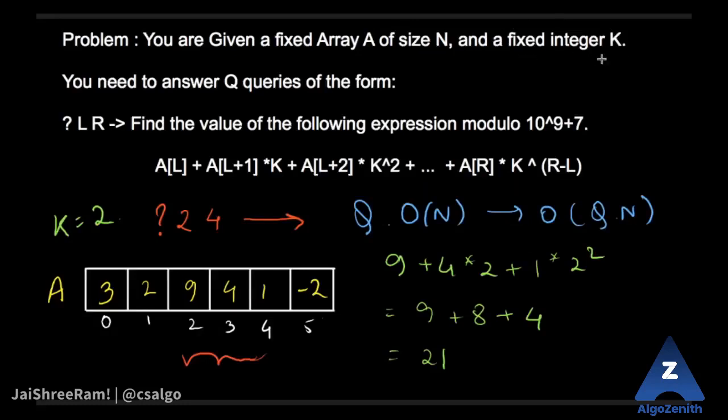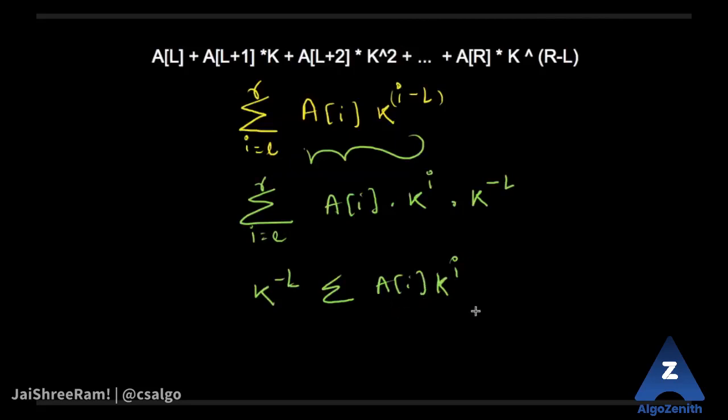This observation is important, because now we know all of these things are fixed: A of I, k, I. It only changes from I equal to L to R. So we can rename this into a new variable b of I, which is equal to A of I multiplied by k to the power I. Now this b of I variable can be found by just looping from I equal to 0 to n minus 1 in the array A and multiplying with the corresponding power of k, right? So this is a static array, if A is a static array.